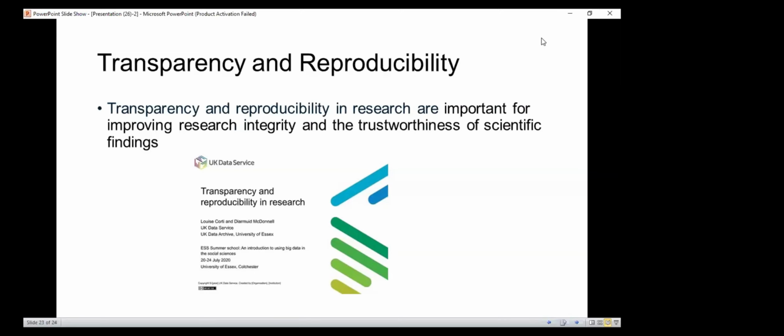Both transparency and reproducibility are critical for improving research integrity and building trust in scientific findings. They ensure that research is credible, reliable, and valuable to the scientific community.